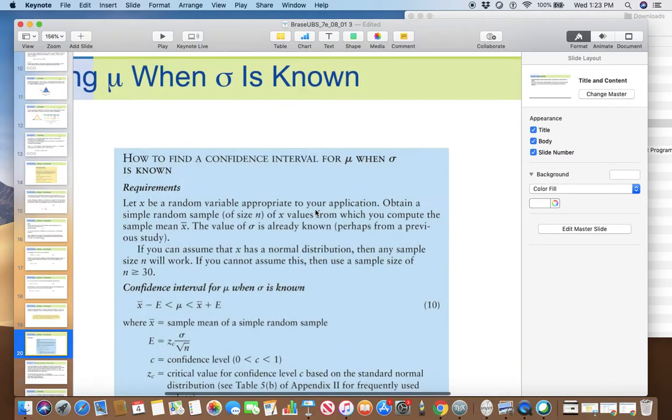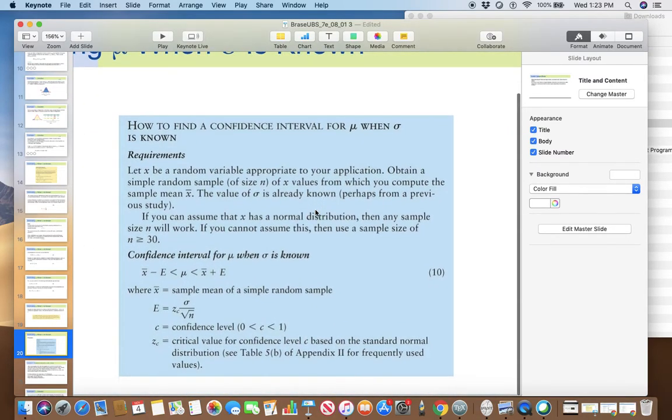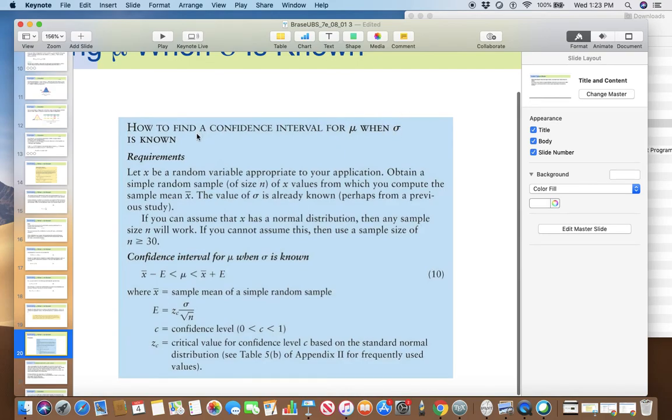So how do you find a confidence interval for mu when sigma is known? What are the requirements? Let X be a random variable appropriate to your application. Obtain a simple random sample of a certain size n, from which you can compute the sample mean X bar.